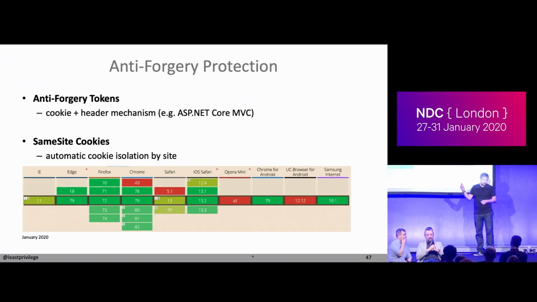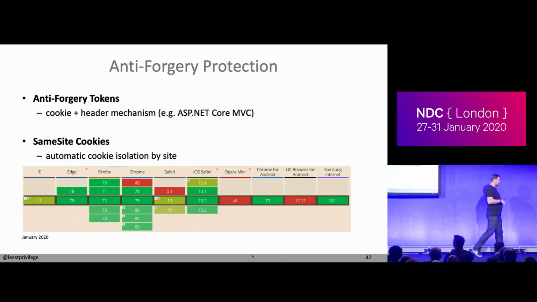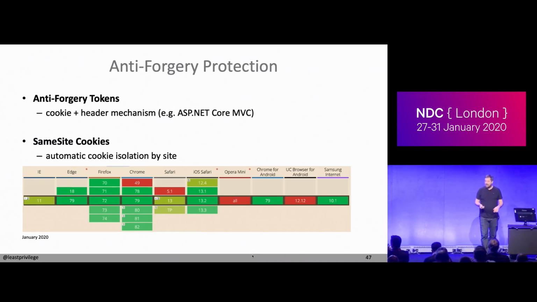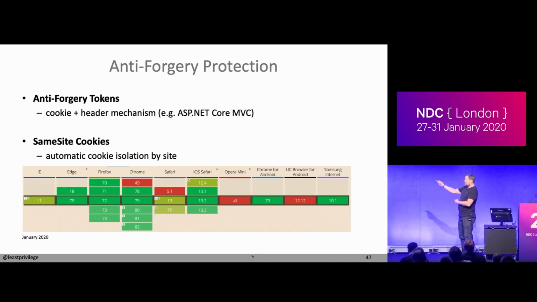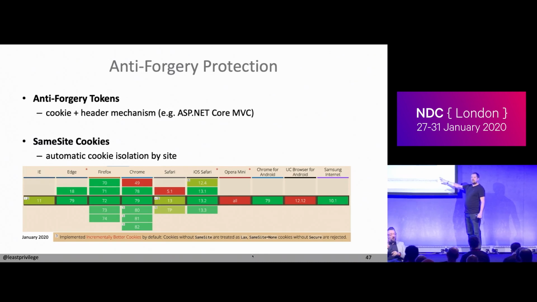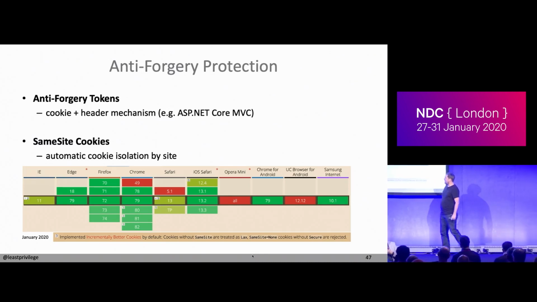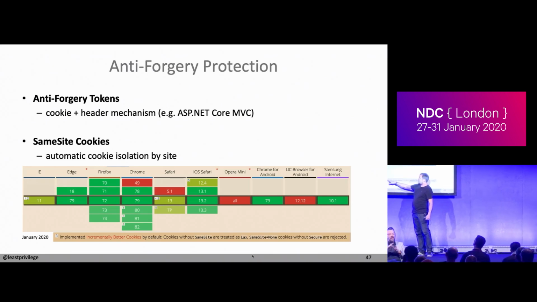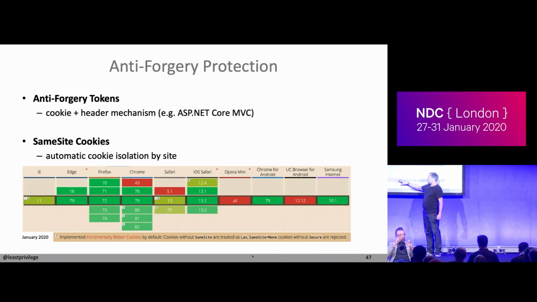MVC has had anti-forgery protection built in for many, many, many years, actually since day one, I think, yeah? But you have to write code for that. With the same-site cookie, it's more like a browser thing. And you probably also know that the internet will get more secure next week, or broken, as some people call it, when Google decides to change the default value for same-site cookies, right?